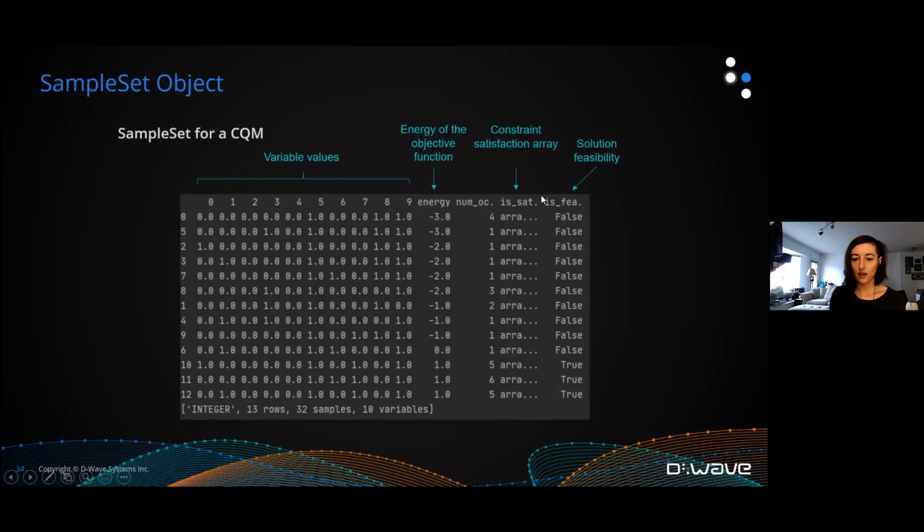And then the last column shows us if the sample itself is feasible. So for it to be feasible, all of the constraints need to be satisfied. And if we wanted to check which constraints were satisfied and which weren't for an infeasible solution, we can do this by using the isSatisfied array. But you'll notice at the bottom here, we also have some feasible solutions that are returned as well.